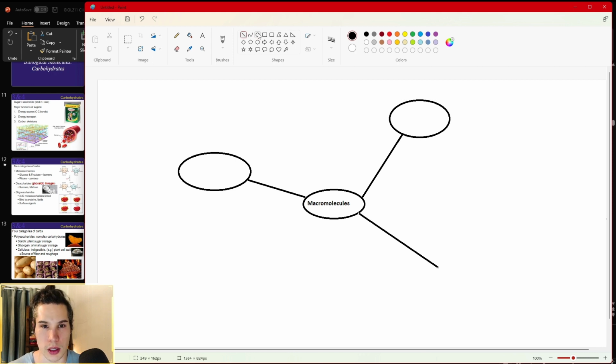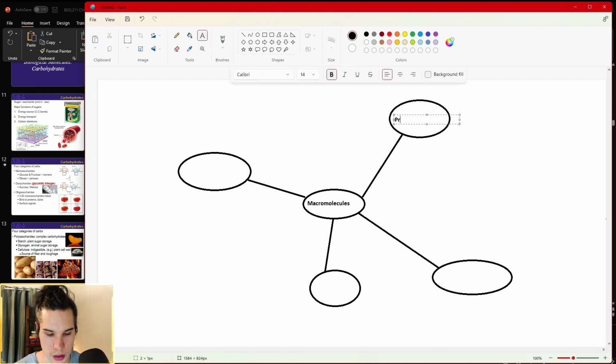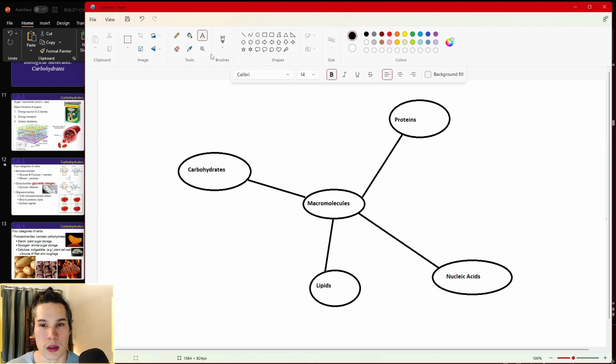This is definitely not going to be perfect, but neither will yours. So here we'll have proteins. Here we'll have nucleic acids. Here we'll have fatty acids or lipids. And then we'll have carbohydrates. Okay. I'm going to do carbohydrates as the example.